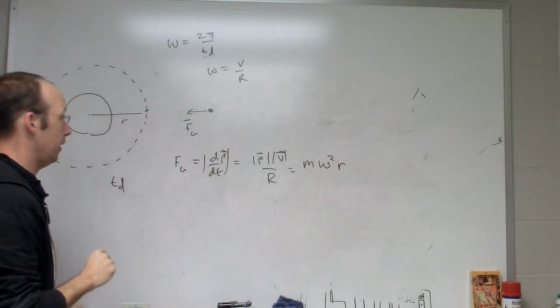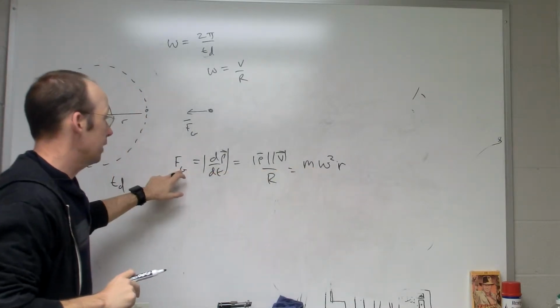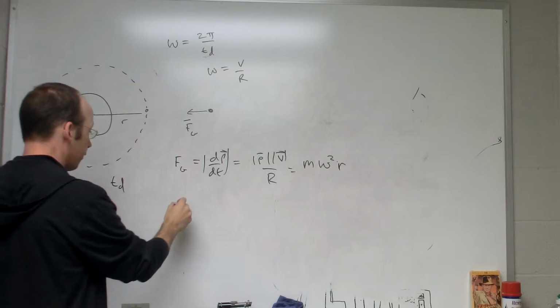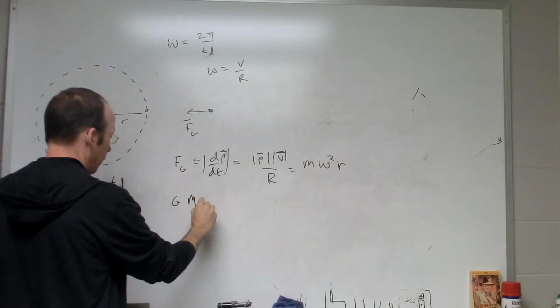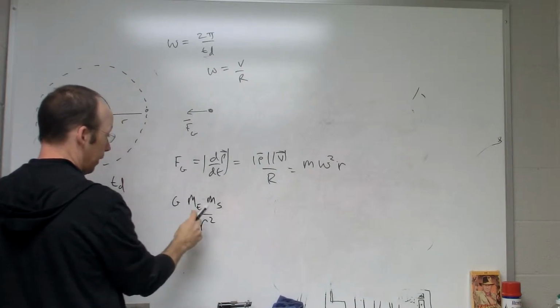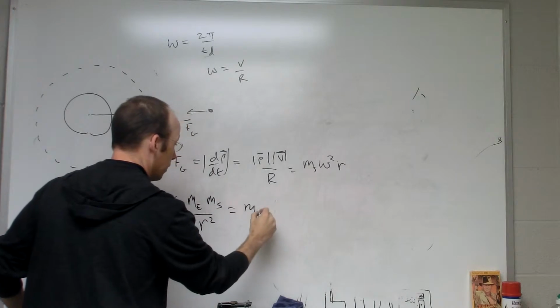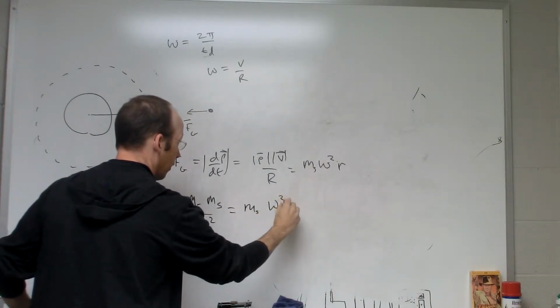Little r matches that. So that's the change in momentum. Now I can put in the gravitational force: G, mass of the Earth, mass of the satellite, over r squared. That's the magnitude of the gravitational force, equal to m satellite omega squared r.